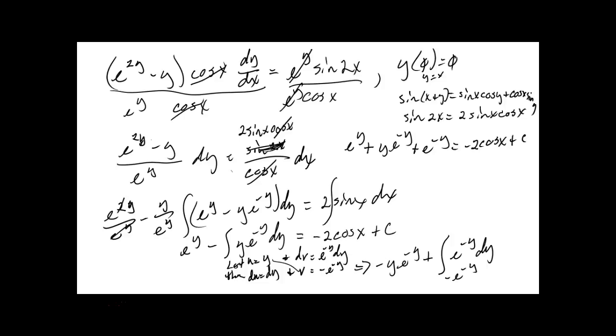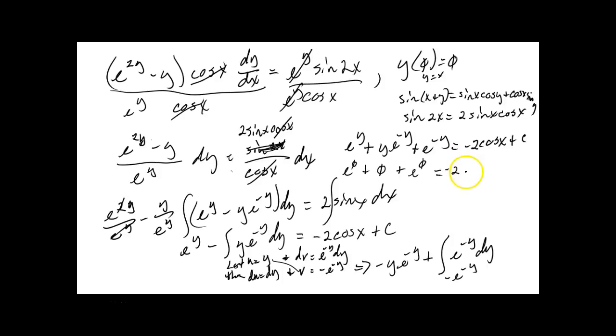Okay, now let's plug in our initial condition. y of 0 is equal to 0. So this is going to be e to the 0 plus 0 times e to the 0, which is going to be 0, plus e to the 0 again, is equal to minus 2 times cosine of 0, plus c.